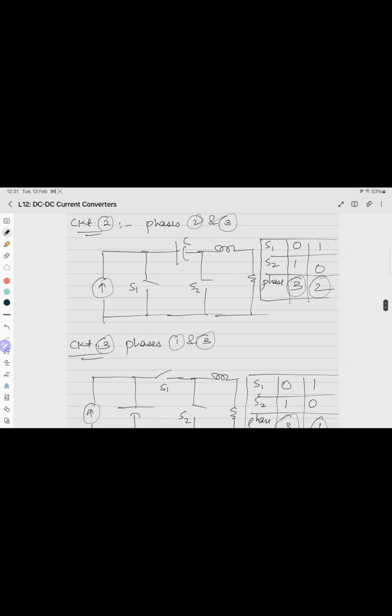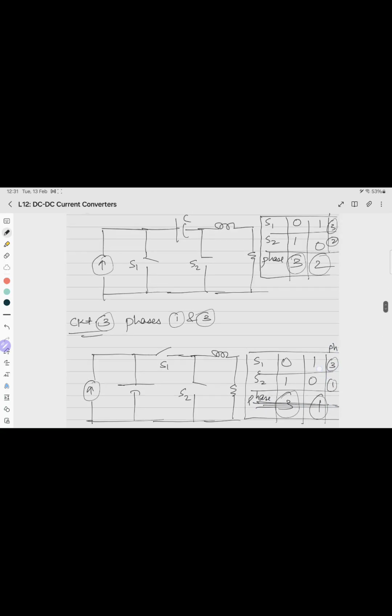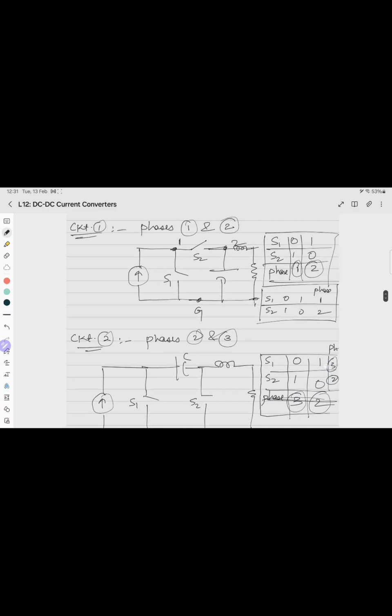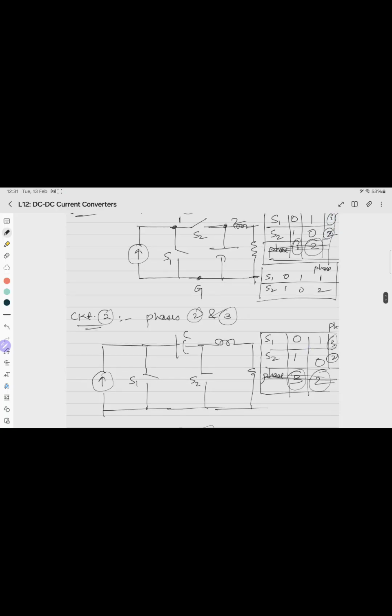Similarly, here 3, 2, and the phase should be there. Similarly, here 3 and here 1. Here the phase should come, 1 and 2. So in circuit 2 we'll get phases 2 and 3.